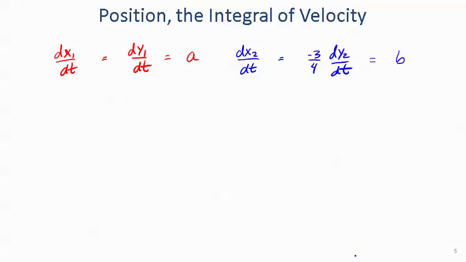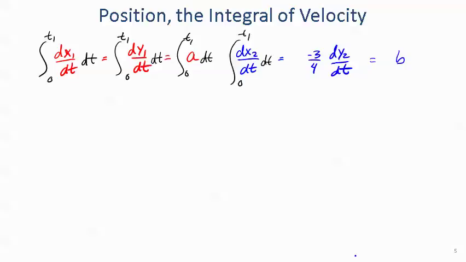We're going to integrate all of them from 0 to t1, which is going to be the time when they cross. And we're just going to do that for everybody: dt, from 0 to t1, for each of these.